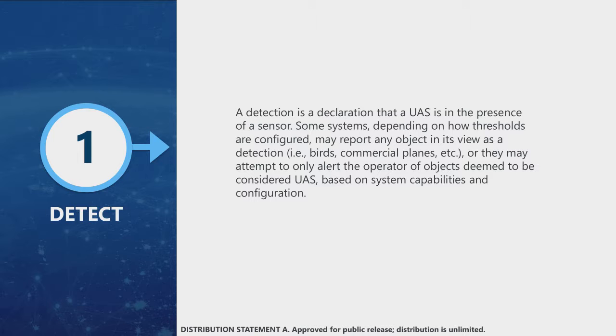A lot of the drone technology, which we'll look at a little bit later, will claim to minimize false positives, and that's what they're talking about: using AI and ML to get rid of those detections of birds and other objects, to reduce false positives and increase the confidence that what you're detecting is actually a drone.